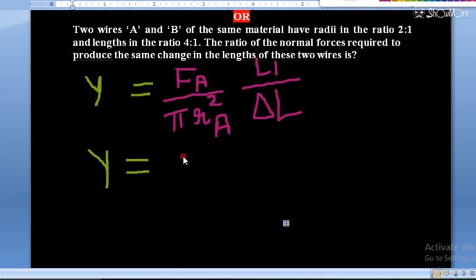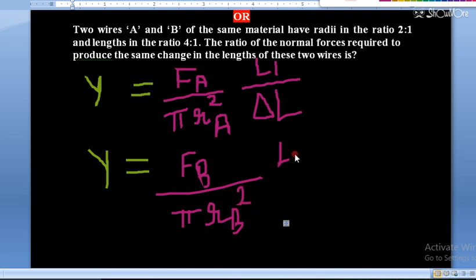So then in the same way, Young's modulus is equal to FB by pi RB square, L2, and delta L will be there.